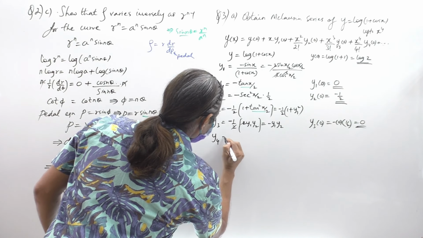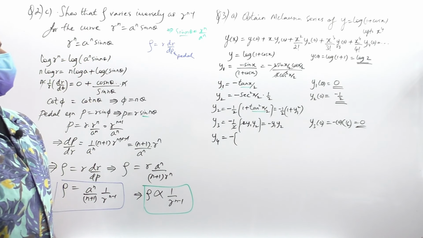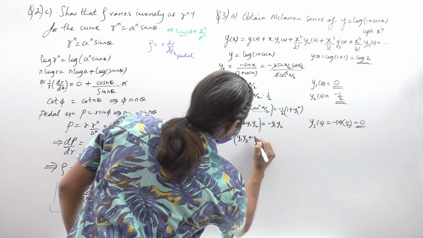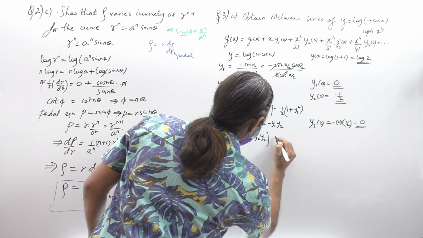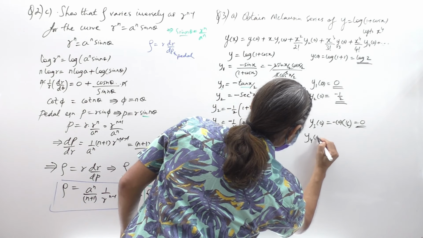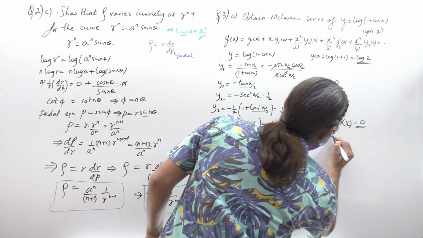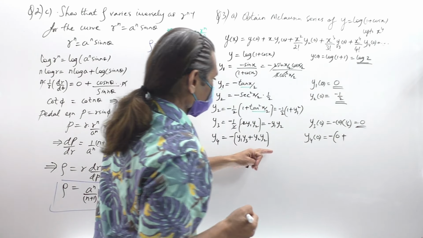Okay. Lastly, we have to find y4. So y4 will be again differentiating this. So minus I'll take outside. It will be a product rule. So y1 as it is, differentiation of y1 is y2, plus y2 as it is, differentiation of y2 is y3. So y4 of 0, the last term is minus bracket: what is y1? 0, leave it, plus what is y2?